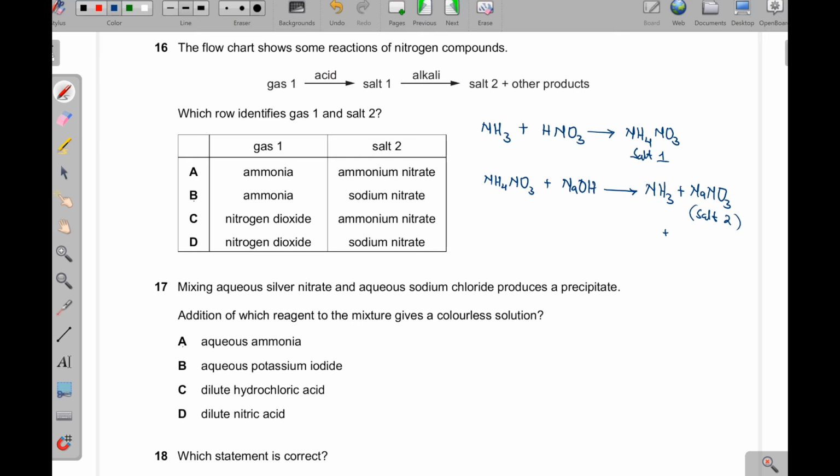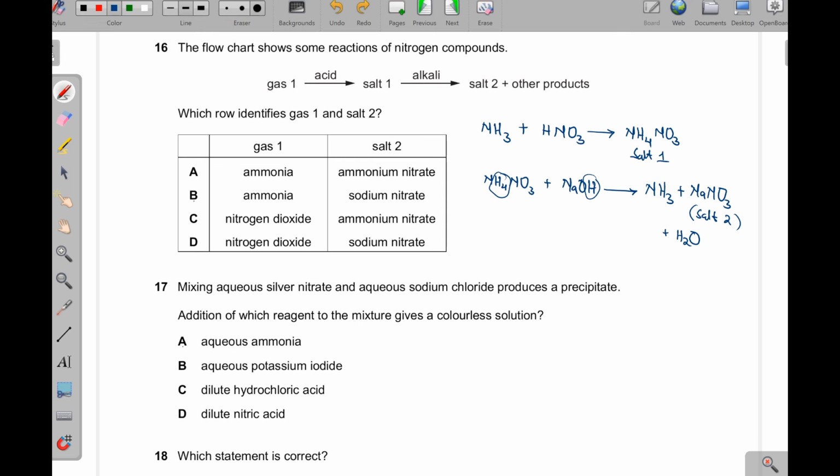Another product probably is going to be water, because I'm seeing there's hydrogen and oxygen. Is it even balanced? This is 1 plus 3, that will be 4 oxygens. This is 1 plus 3, 4 oxygens. Then hydrogens are 4 plus 1, those become 5. These are 3 plus the 2, 5.